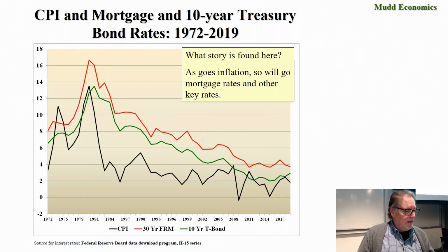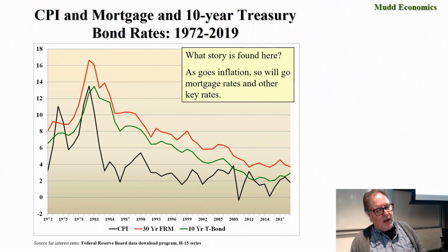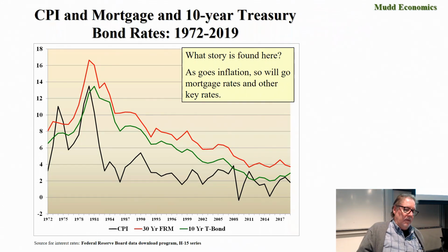So here, over that same period of time that we were looking at, roughly, the earlier graph went back further, starting in 1972, but coming up to the modern era, we're looking at, again, the Consumer Price Index, annualized inflation rate, but we're also looking at 10-year Treasury bond rates and mortgage rates for 30-year fixed-rate mortgages during the same period of time.